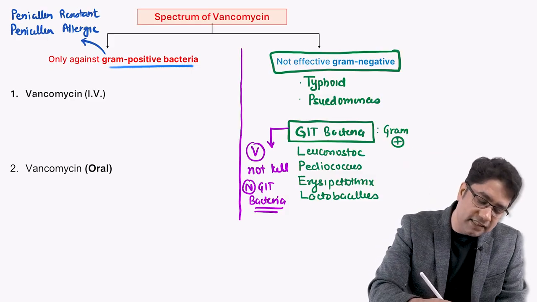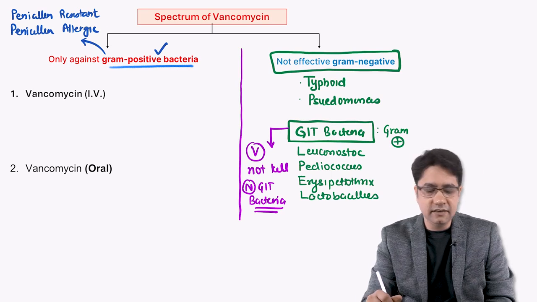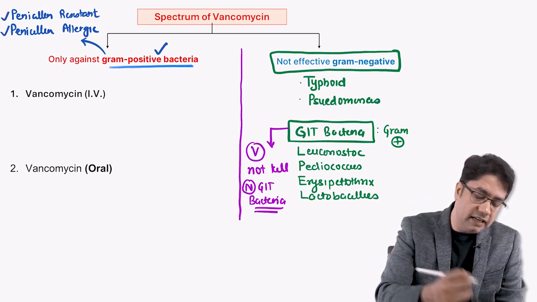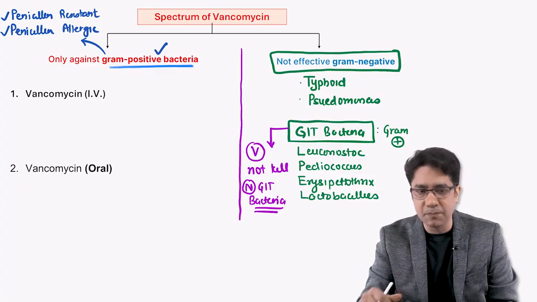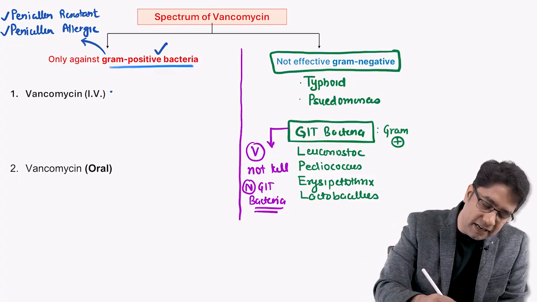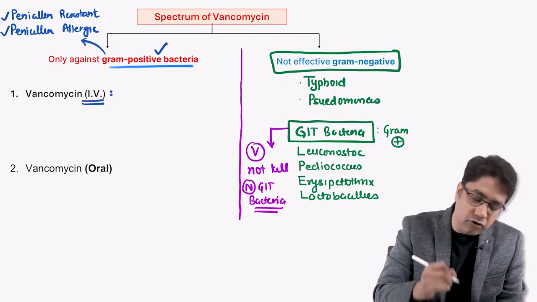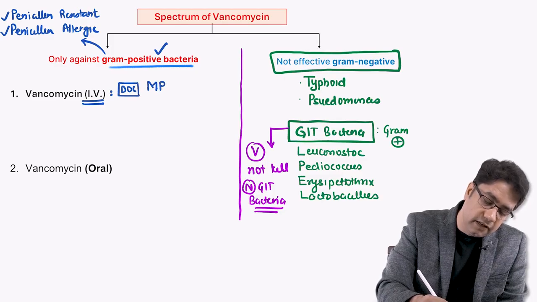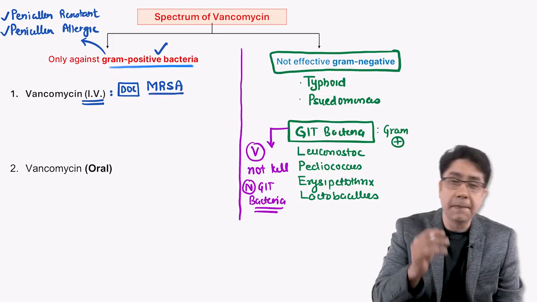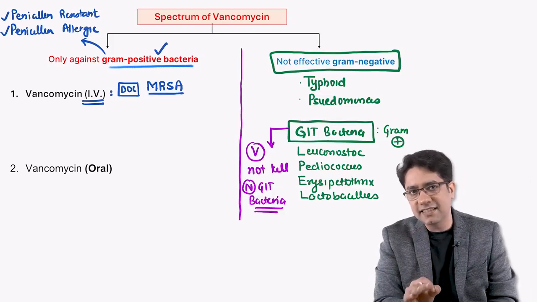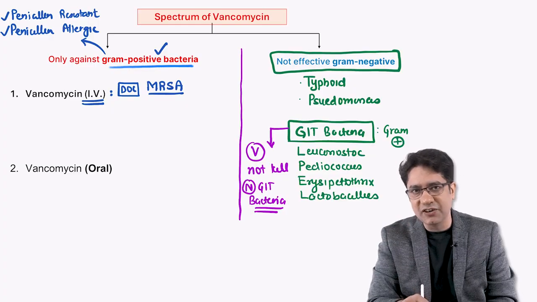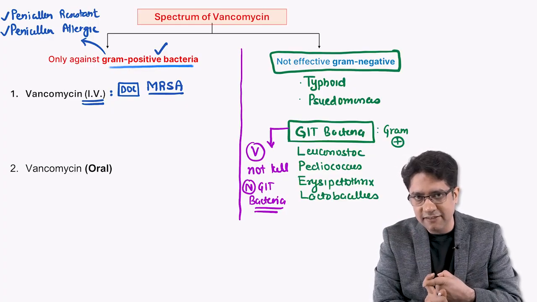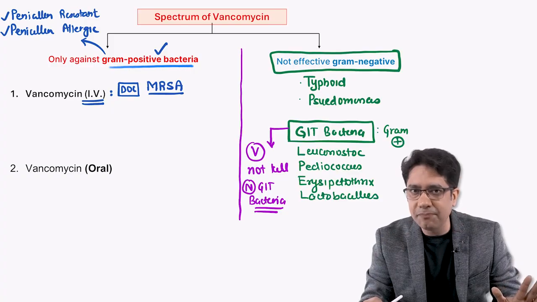So, let's see the uses of vancomycin. Vancomycin is given in gram-positive bacteria which are resistant to penicillin, or in patients allergic to penicillin. Keeping this in mind, intravenous vancomycin is the drug of choice for MRSA. MRSA stands for methicillin resistant Staphylococcus aureus. Staph aureus is a gram positive. Methicillin is a type of penicillin.